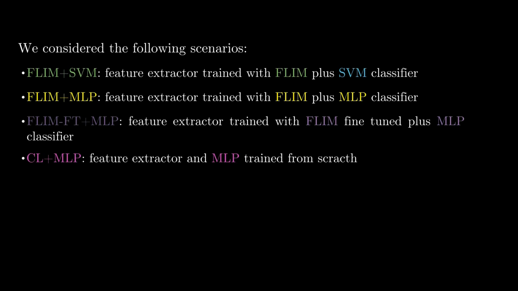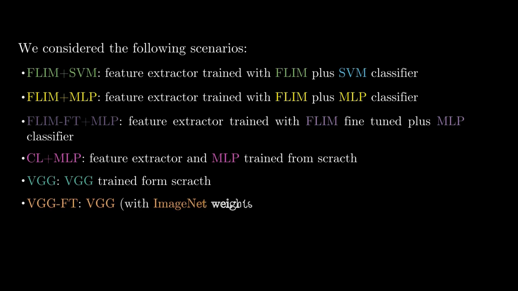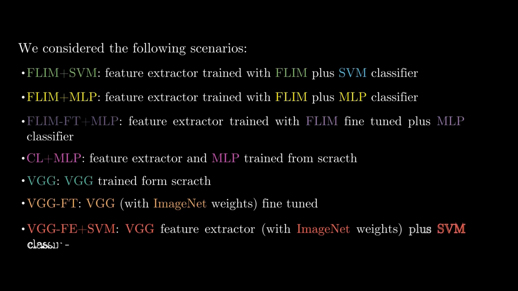As a baseline, we use a very famous network, VGG. We consider the following scenarios. We trained VGG from scratch using only 200 images. We fine-tuned VGG pre-trained with ImageNet. We use the VGG feature structure with the weights from ImageNet and exchange the classifier for an SVM.